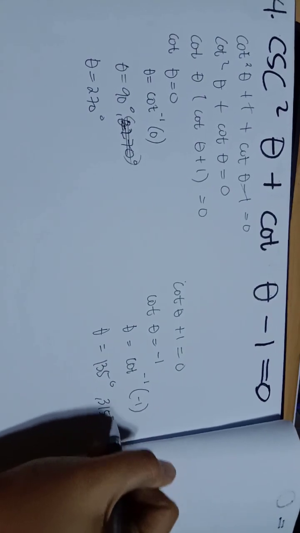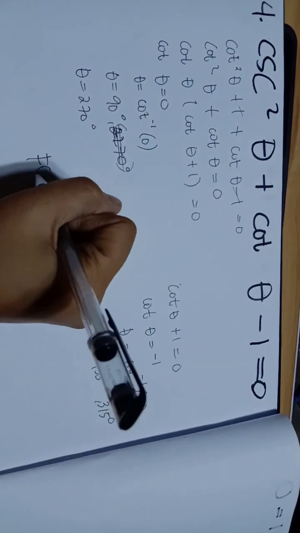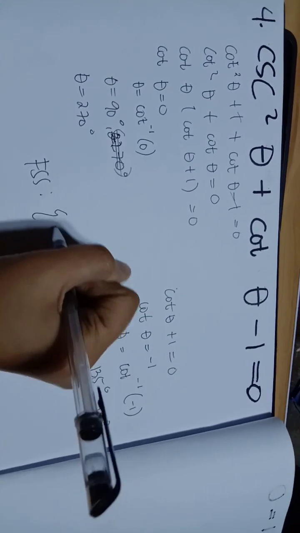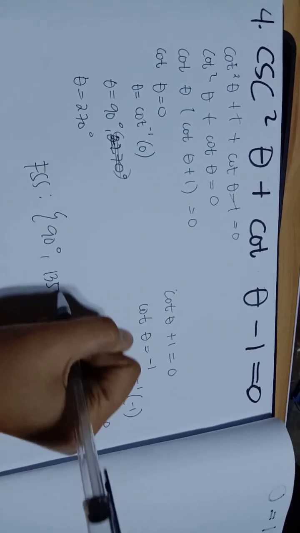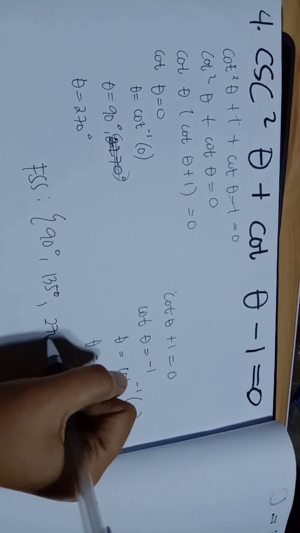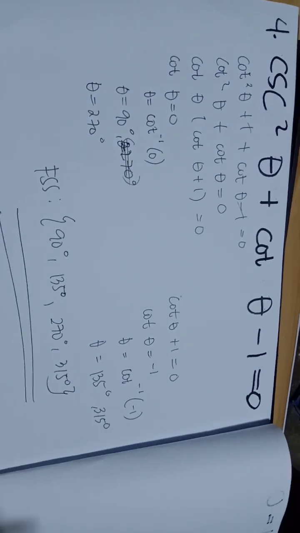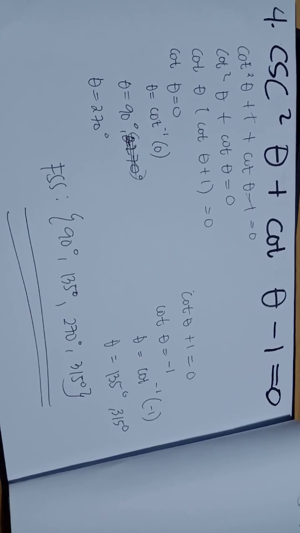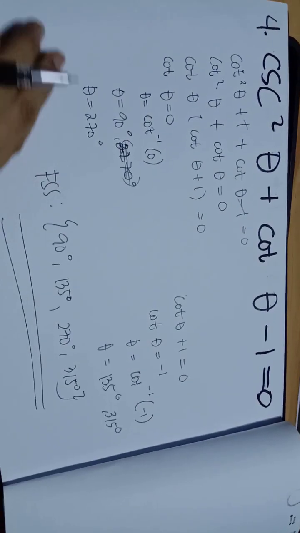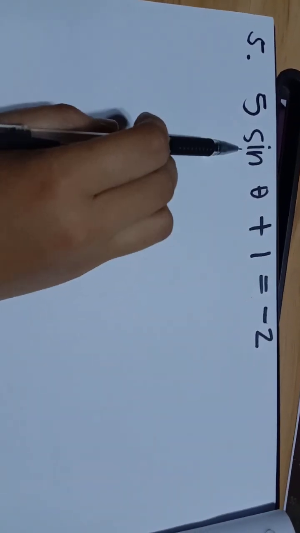We have now our theta equals 135 degrees and the other one is 315 degrees. So our fundamental set of solutions are 90 degrees, 135 degrees, 270 degrees, and 315 degrees. Understand? Let's have another example.